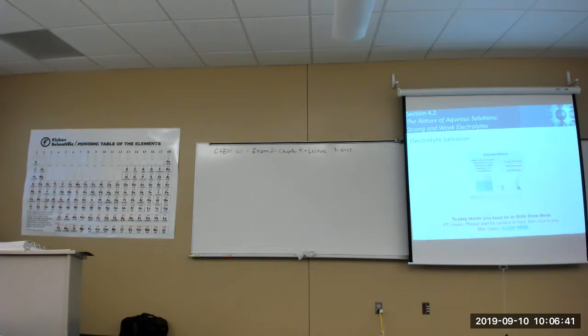Okay, strong electrolyte, example. Here. Strong electrolytes dissociate completely to give ions in solution that conduct electrical current. Soluble salts, strong acids, and strong bases act as strong electrolytes in solution. Weak electrolytes dissociate to a small extent to give only a few ions in solution available to conduct electrical current.